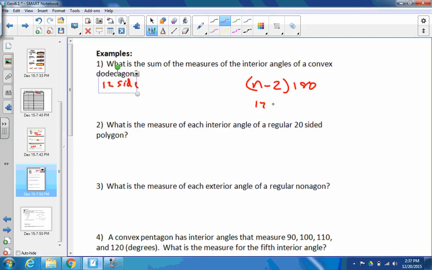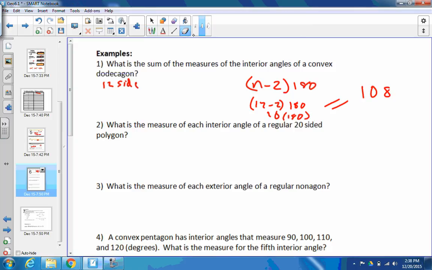So 12 minus 2 times 180, which would be 10 times 180. Oh, whoops, times 10 would be 1,800. 1,800 degrees inside of a dodecagon.